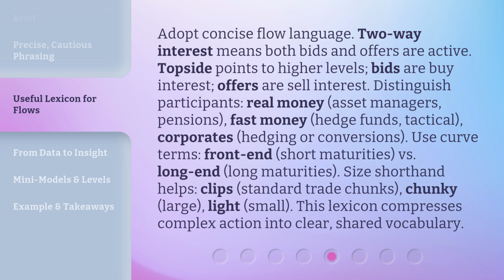Use curve terms. Front end, short maturities, versus long end, long maturities. Size shorthand helps. Clips: standard trade chunks. Chunky: large. Light: small. This lexicon compresses complex action into clear, shared vocabulary.